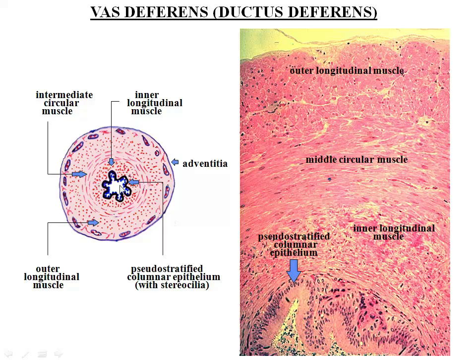The rest of the histological structure is the same as the epididymis, with pseudostratified columnar epithelial cells. In the diagrammatic presentation, these are all the muscle portions: the outer adventitia, then the inner longitudinal muscle, the intermediate circular muscle, then the outer longitudinal muscle.